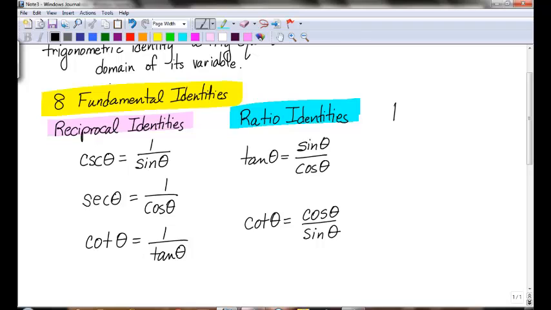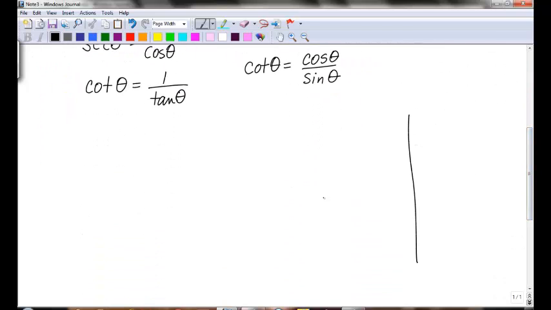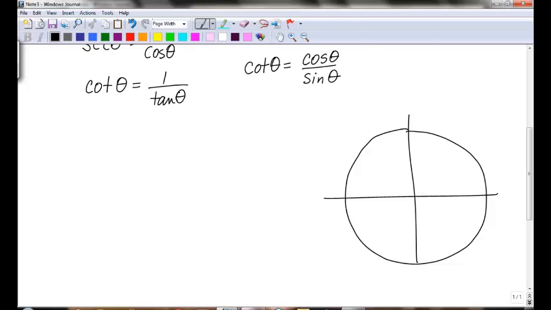And the last 3 are the Pythagorean identities. I'm going to go back to the line values that we did in the first chapter. In quadrant 1, we said this was sine because, remember, we were in a unit circle, radius 1, and this was cosine.